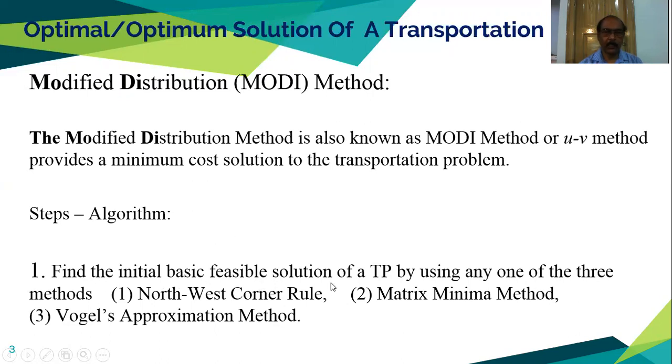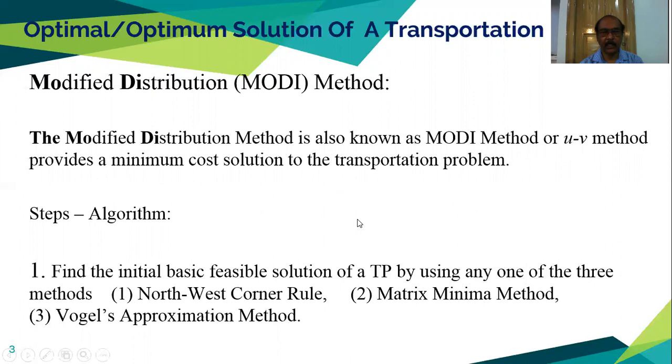Step 1: Find the initial basic feasible solution of a transportation problem by using any one of the three methods: the northwest corner rule, matrix minima method, and Vogel's approximation method. These three methods we apply to find the initial basic feasible solution. At the same time, we have to check that the initial basic feasible solution satisfies the m plus n minus 1 allocations, that is, it should be a non-degenerate basic feasible solution.